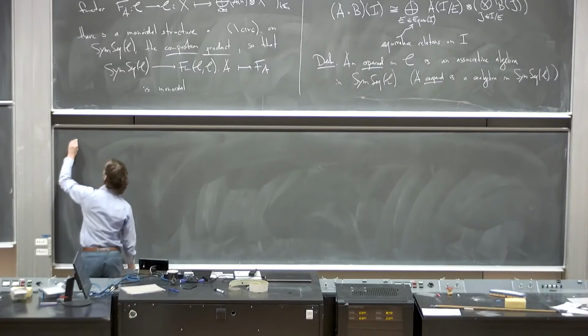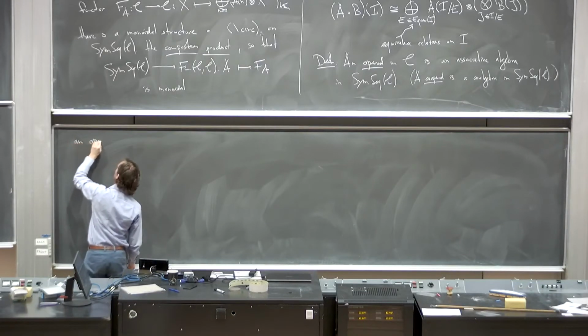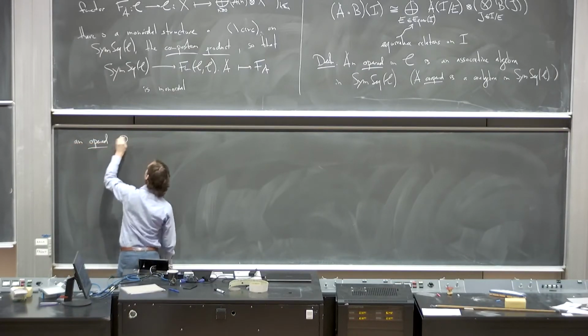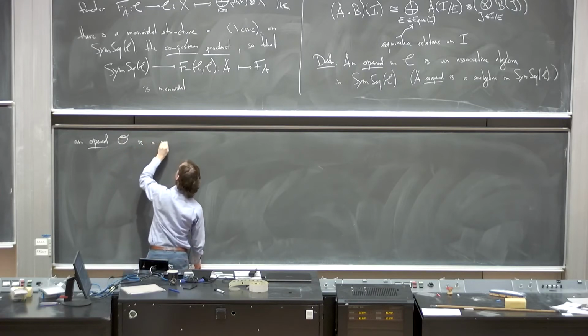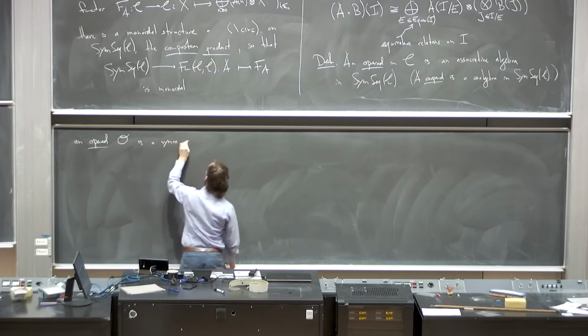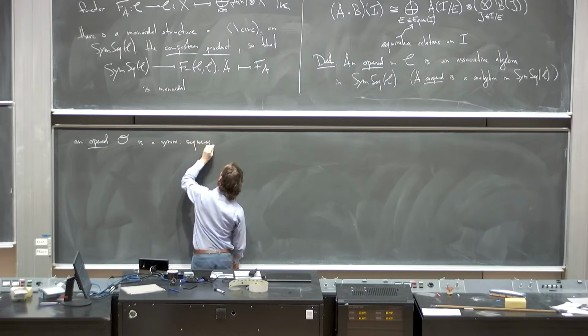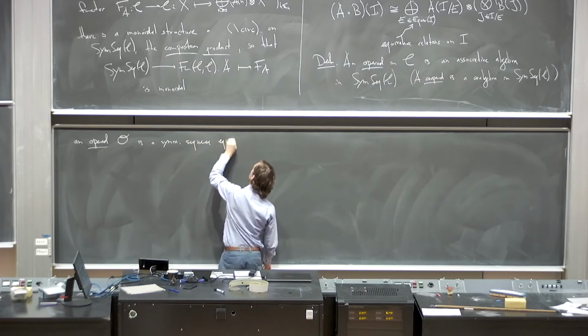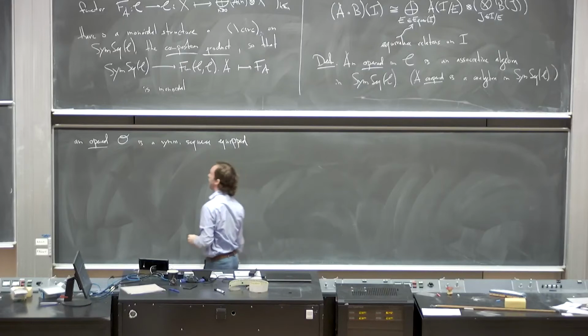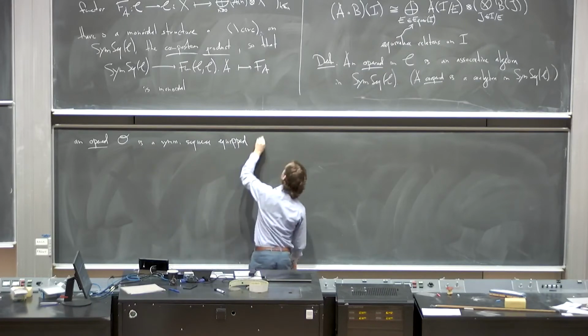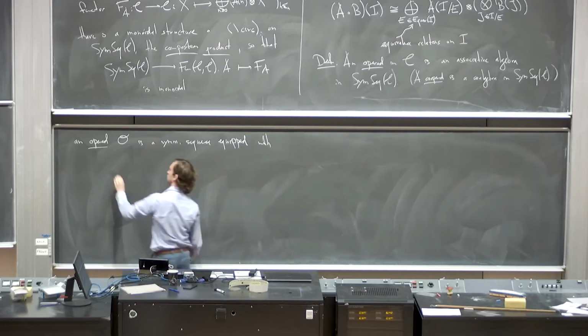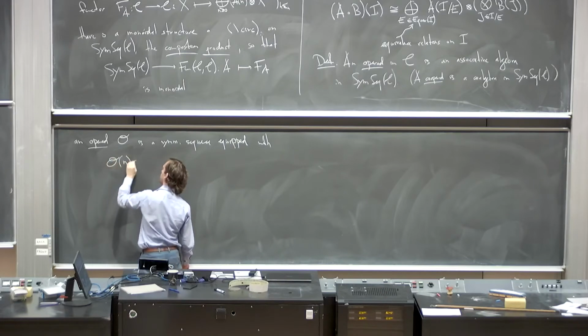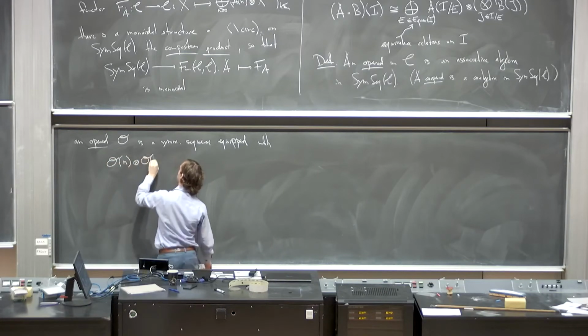So maybe said a bit more informally, an operad O is really just a symmetric sequence equipped with a bunch of composition maps of the following kind. And this is just an unraveling of the definition that I wrote down. You just have maps of this sort.